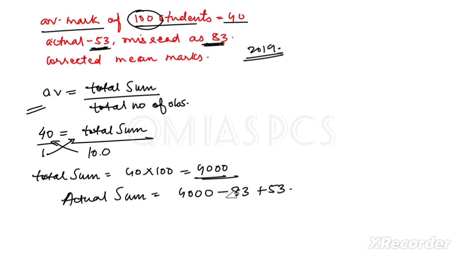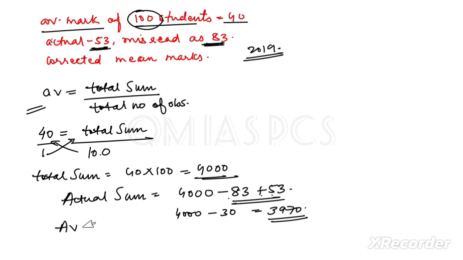If you want to solve it the easy way, just solve this one. This will be plus, this is minus. If you subtract, it will be 4000 minus 30. It will be easier to solve. So you will find 3970, this much.